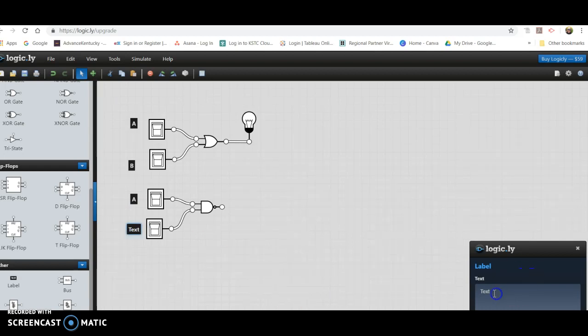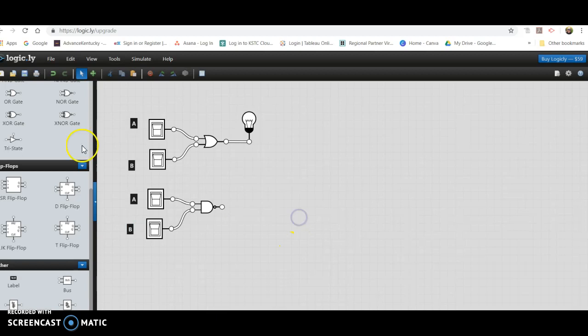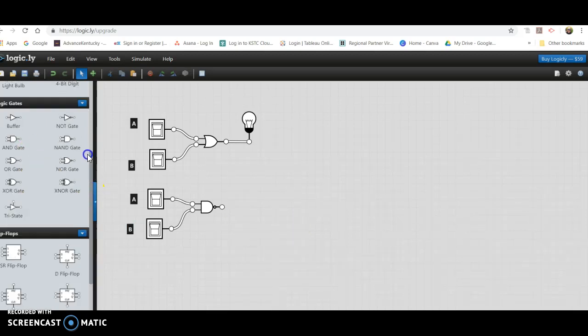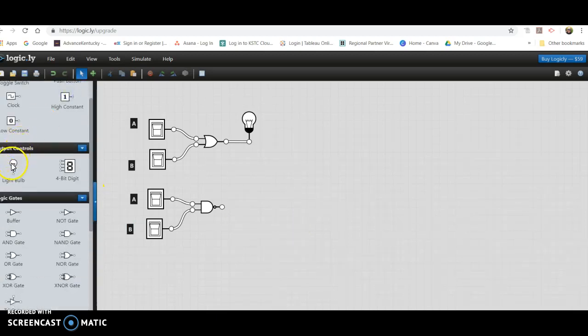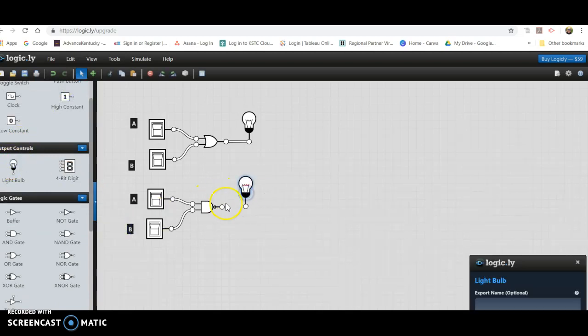Okay, so there's our two switches, and we are going to use a light bulb to represent our output once again. And so this is the output from the NAND operator.